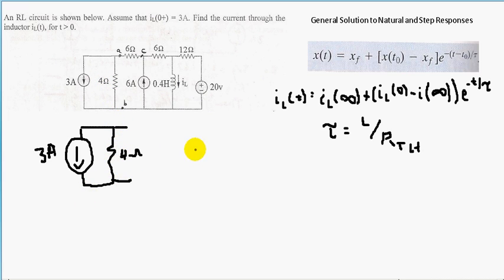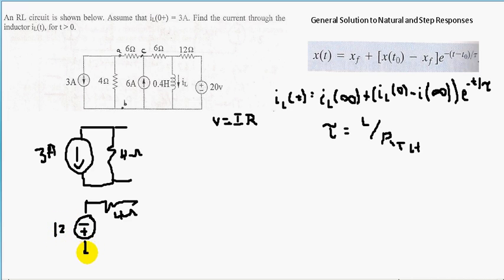So using Ohm's law, V equals IR, we have a Thevenin equivalent: a voltage source in series with our 4 ohm resistor. The value of the voltage source is the current times its resistance. So 3 times 4 is 12 volts.